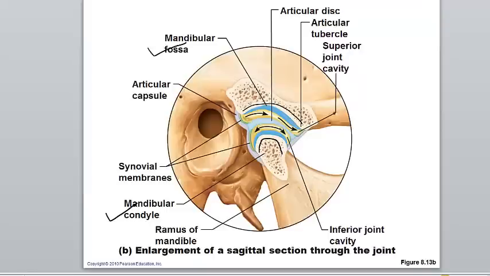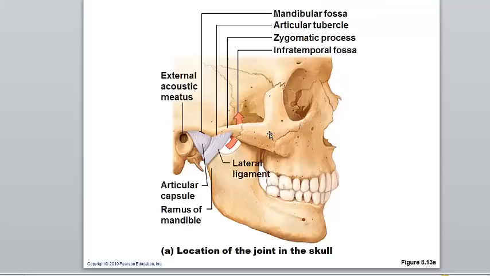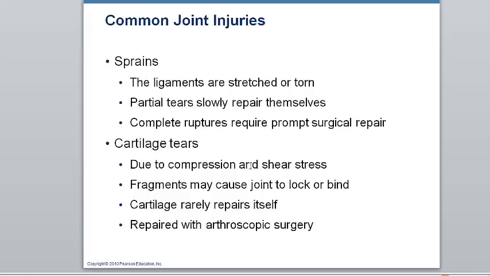It is not a strongly reinforced joint because you need to move your jaw for speaking and for eating. Because they're not reinforced as much, it is prone to slipping. Here you can see your articular cartilage and your lateral ligament, and that's all you have under your TMJ. So this concludes all the joints that you need to know.